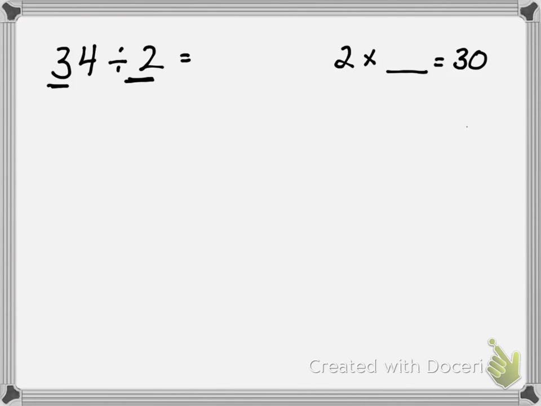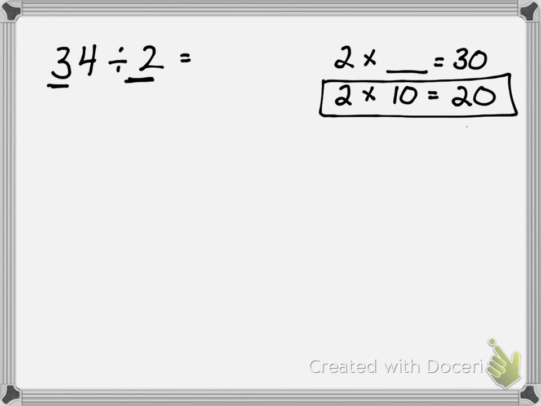Well, there's nothing that we can multiply to get us to 30, but we want to get as close as we can. So what will bring us close to 30 would be 2 times 10 would give us 20. So there is where we can get as close as we can. If we multiply by 2, what can we get as close as we can to 30?